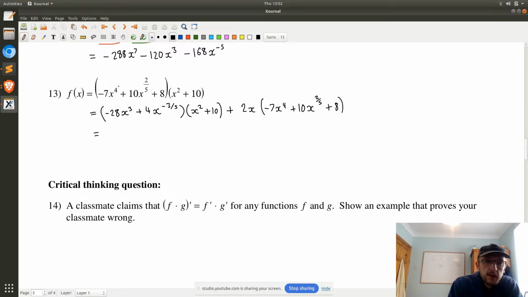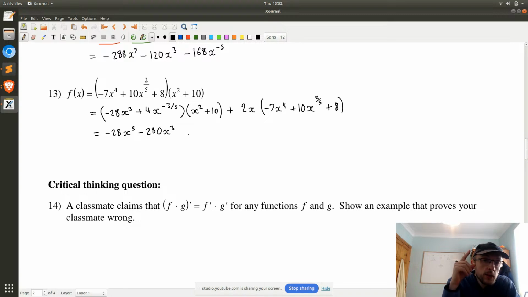Okay, now expand carefully. All right, so I'm going to get that. Followed by that. Okay.